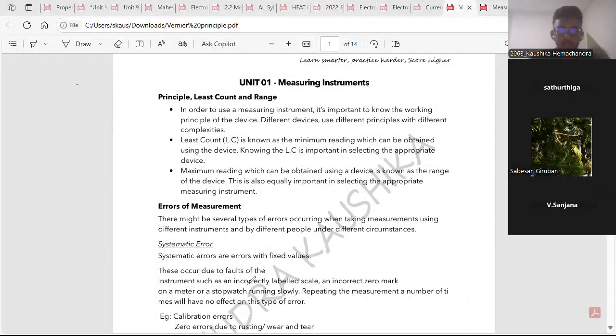Yes. You can see the minimum reading that you can take, between 2 centimeters.